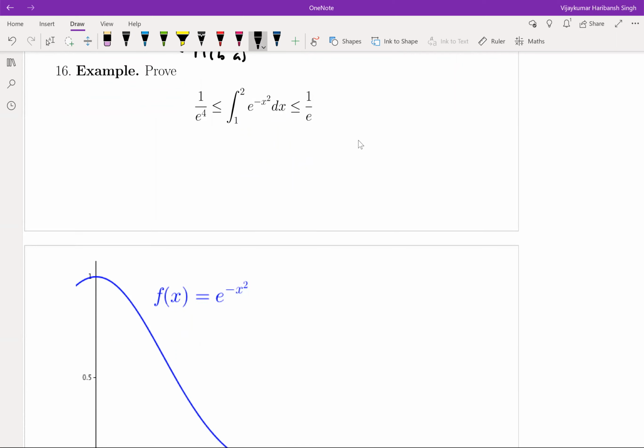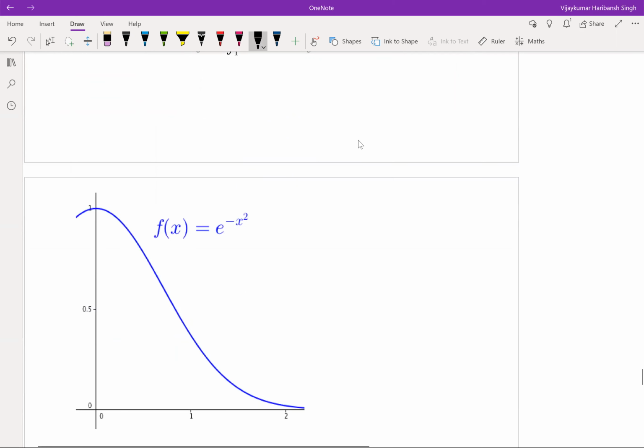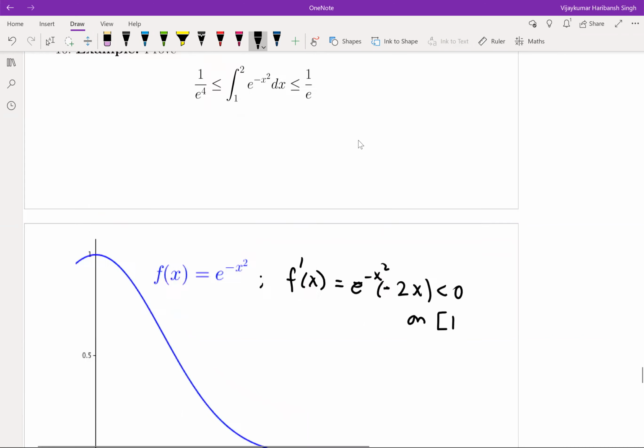Now notice that this looks like the function is decreasing. Let's check that. How do you check whether a function is decreasing? Using the derivative. If you look at the derivative, e to the power minus x squared has derivative e to the power minus x squared multiplied by the derivative of minus x squared, which is minus 2x. And this is less than 0 on 1 to 2.